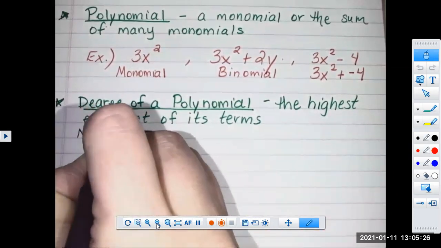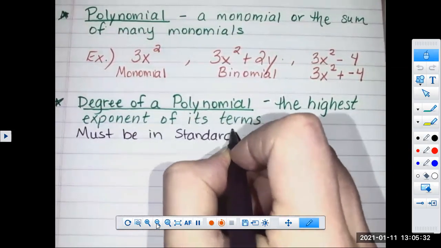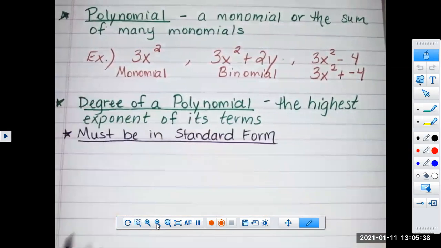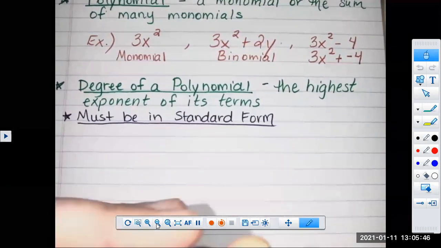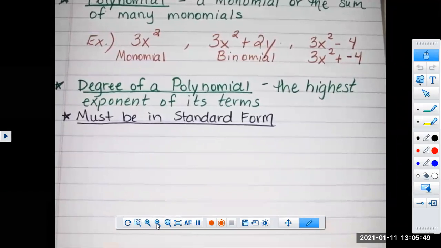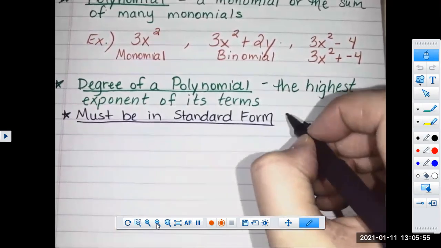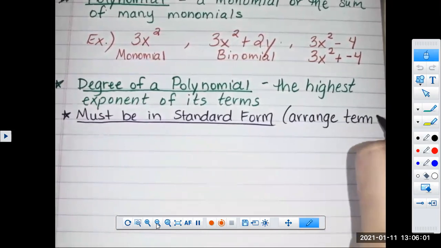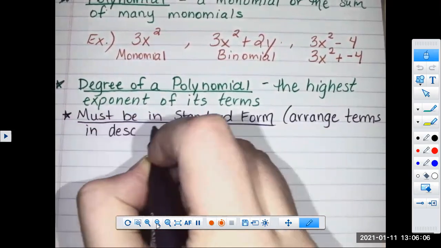Takes you 2 more seconds to read it, I'm sorry. Honestly, as you progress in math, you'll be able to easily see, okay, my highest term is this one because it has the highest exponent. It must be in standard form, and that's simply where you arrange your terms in descending order.